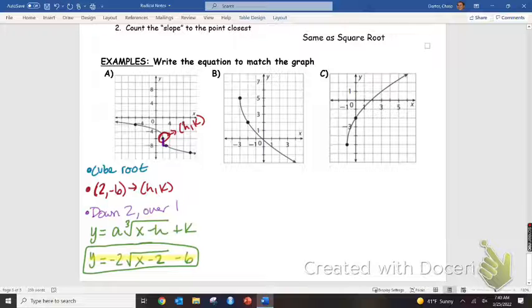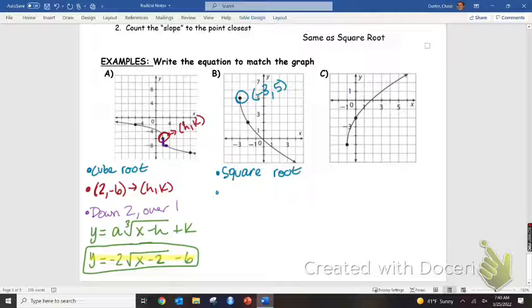Okay, let's do these other two. I'll try to go faster so this isn't a long video. But I know that this is a square root because it has a defined starting point. It starts right here at negative 3, 5.